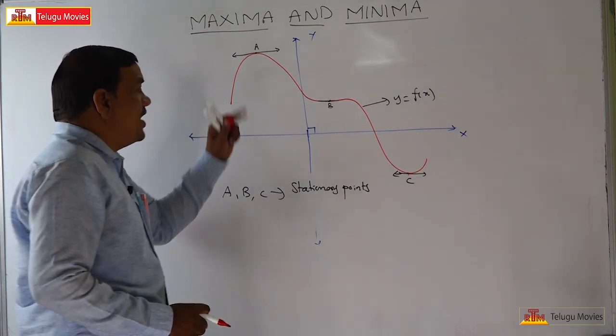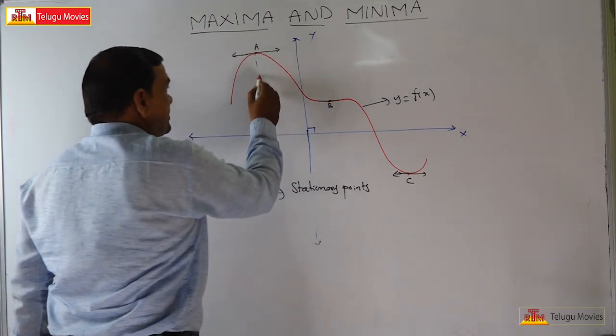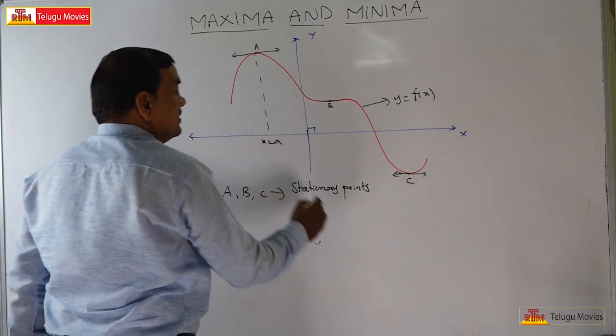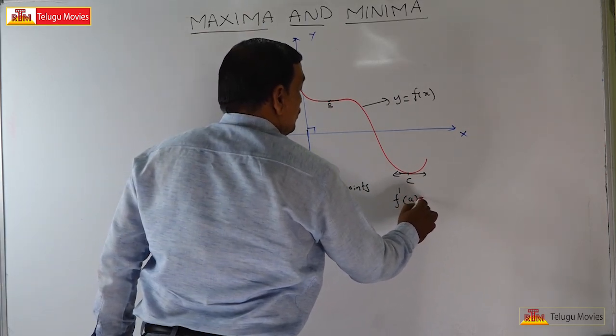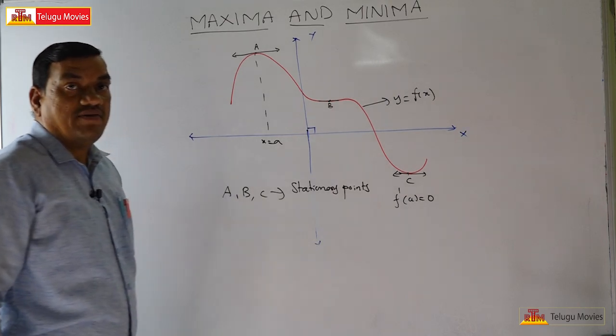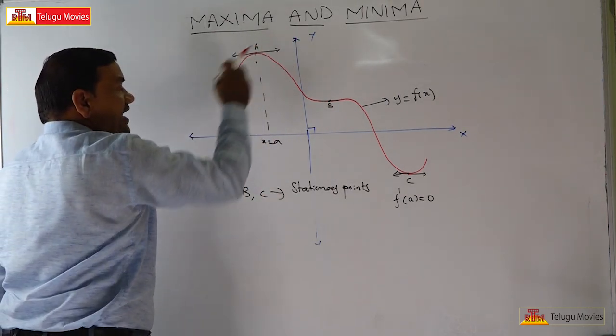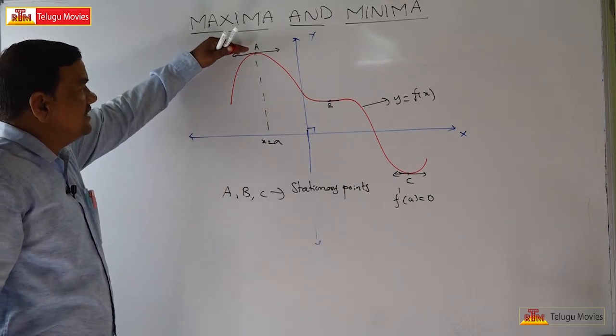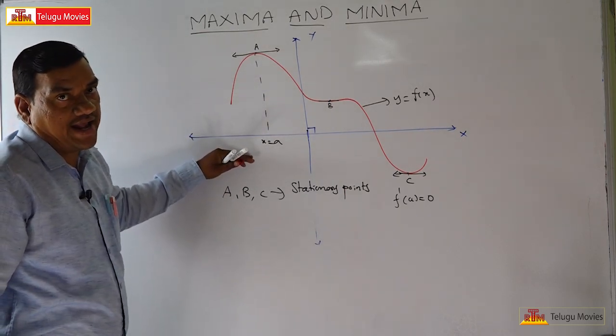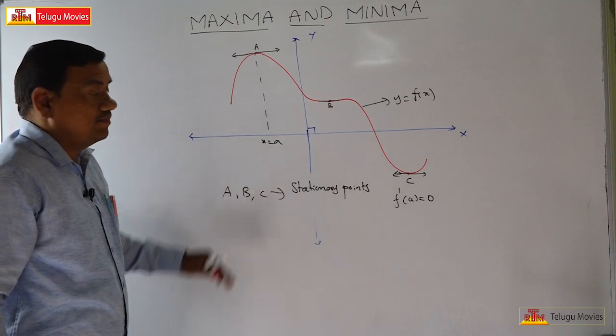These are the points at which, for example, if x is equal to A, f dash of A is equal to 0. f dash of A means that if you draw a tangent at x is equal to A, the tangent will be parallel to the x-axis.